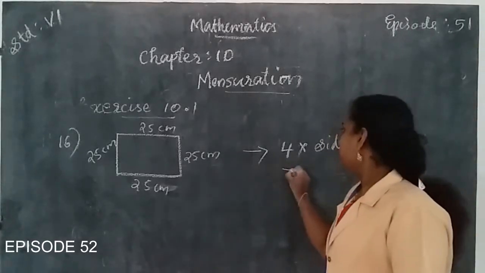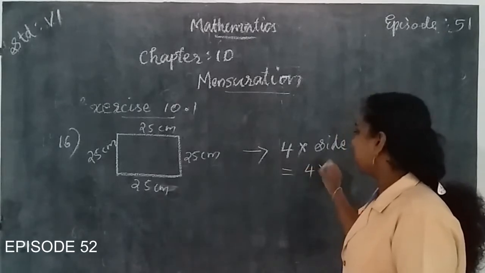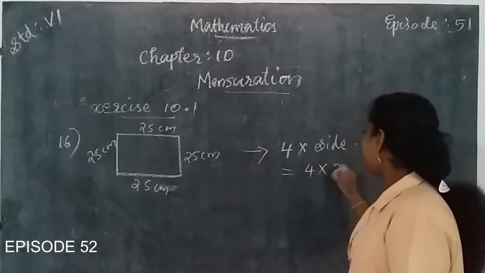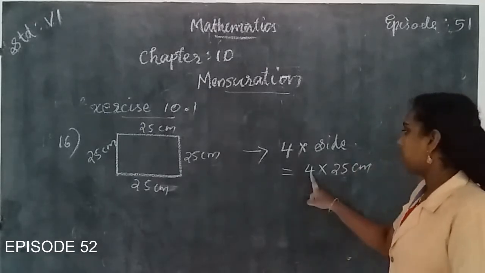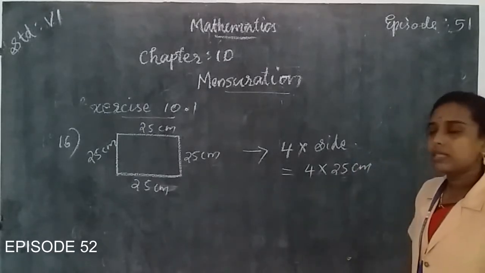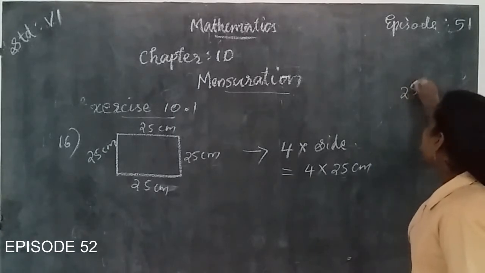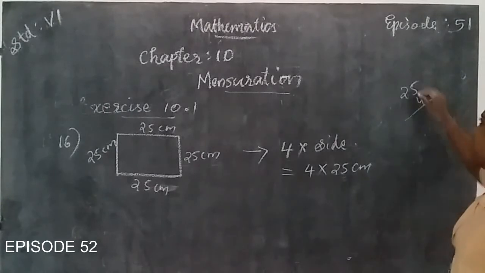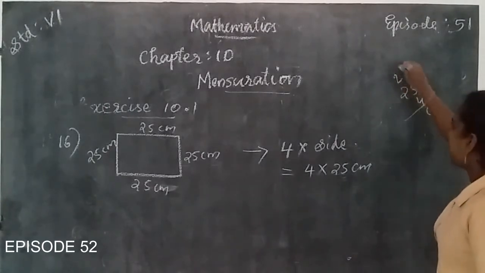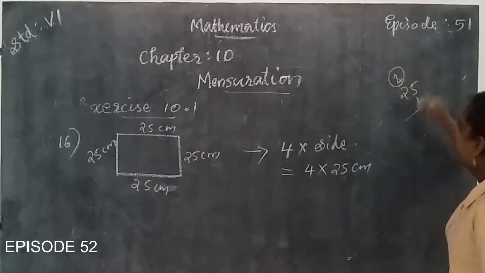So 4 into side, here the side is 25 centimeter. So we get 4 into 25 centimeter. When we multiply 25 into 4, we get 100. 5 fours are 20, remainder 2, 2 fours are 8, 8 plus 2, 10.